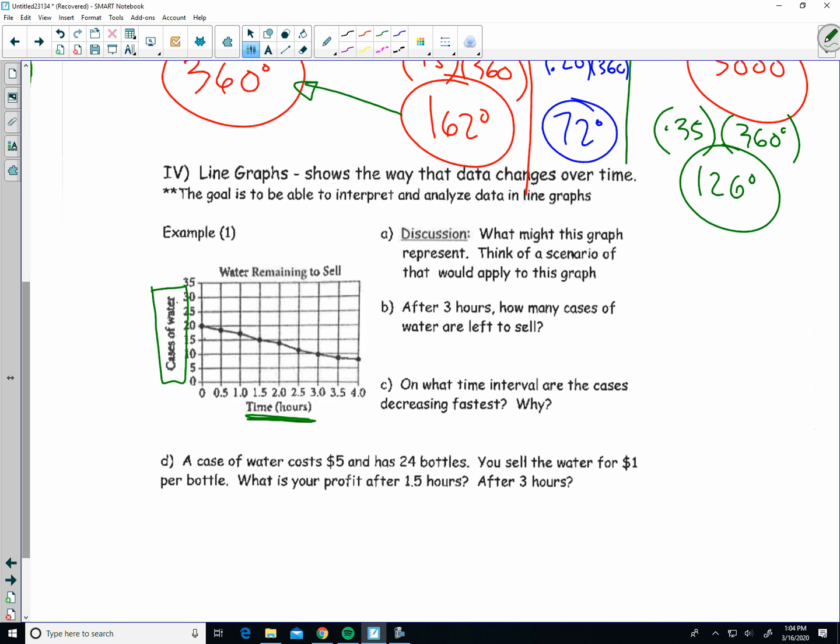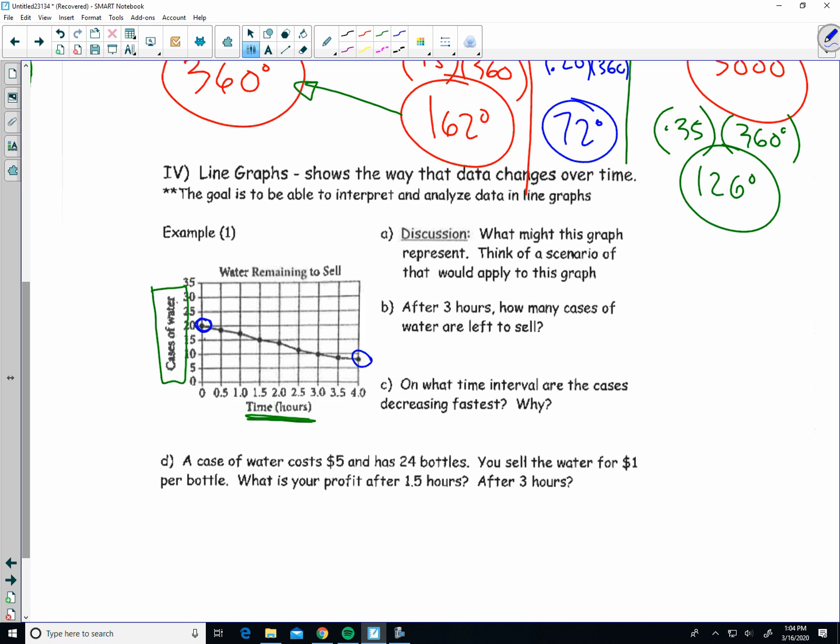What's a good scenario that would apply to the graph, where if you look at it, we're starting off at time of 0 with 20 cases of water. And by the time we, of course, get over here to the 4-hour mark, we have less than 10 cases of water.